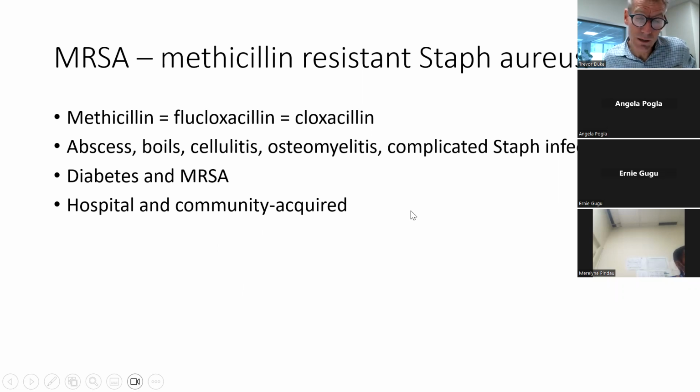In some hospitals, community-acquired MRSA is actually just as common as hospital-acquired MRSA because of these changes that are happening in the ecology in the community, the exposure to antibiotics, particularly through agriculture and other mechanisms, the free availability of antibiotics in the community.